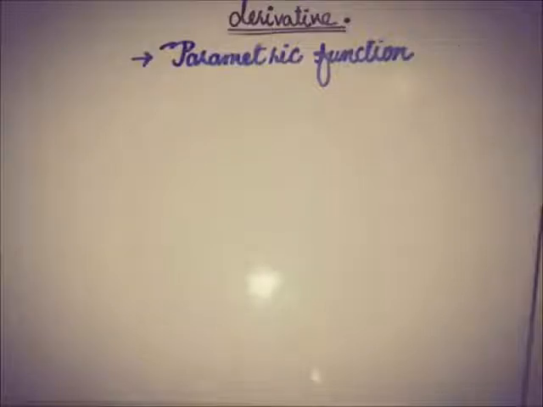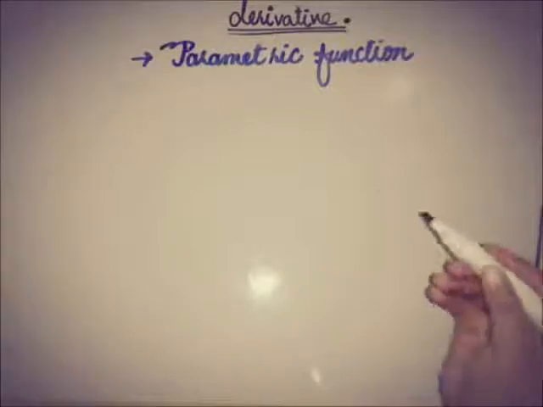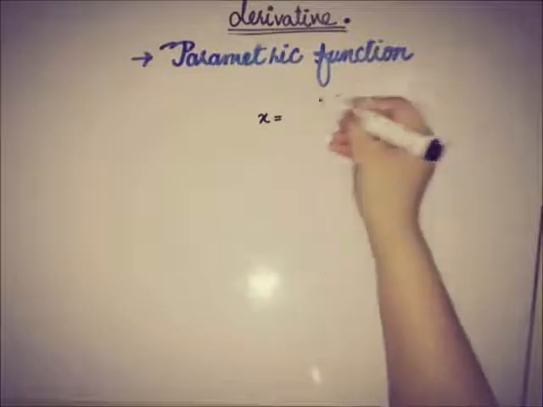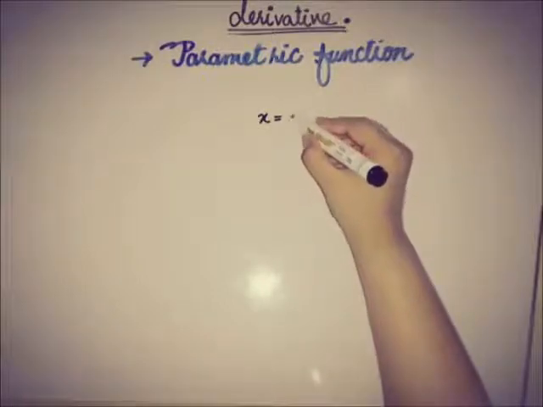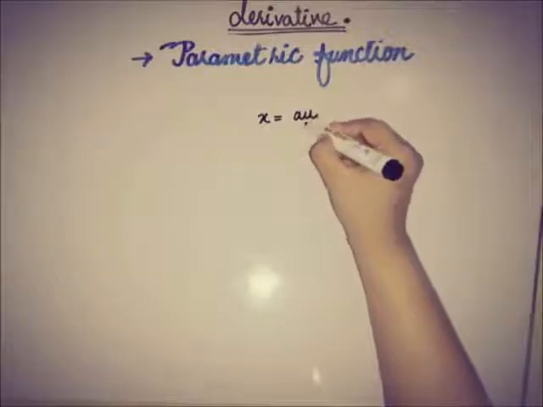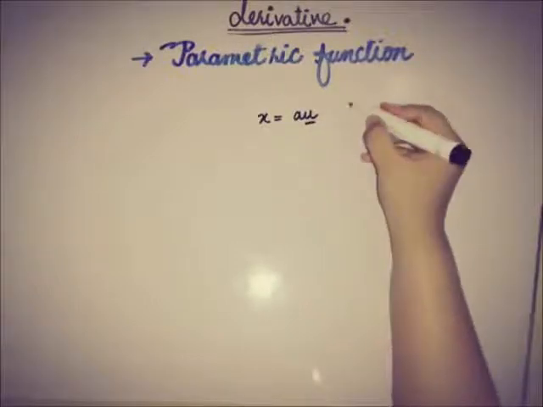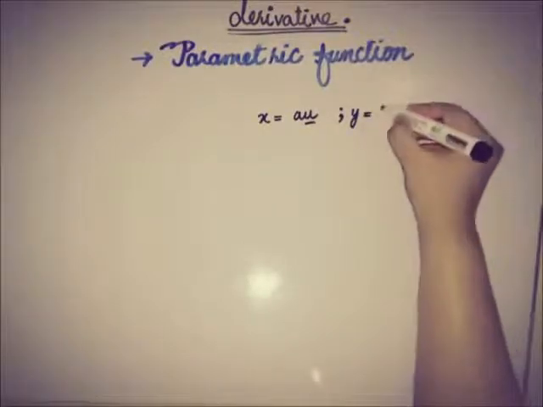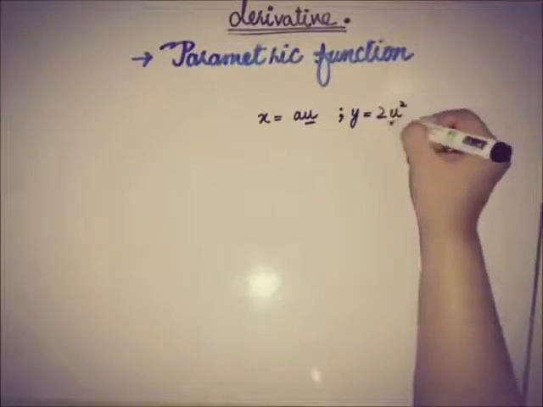Now we will talk about the derivative of parametric functions, or parametric equations, because parametric functions are those functions or equations in which x and y both depend upon some other variable, such as if x is a function of a variable, let's say u, where a is a constant, and y also depends upon this variable u.